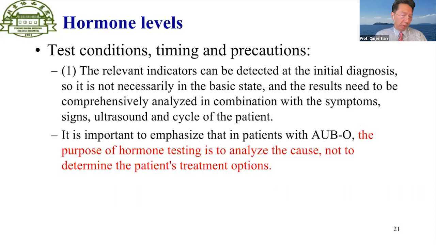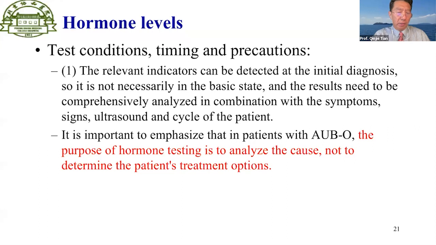The test parameters, timings, and precautions. The relevant parameters can be assessed during the initial diagnosis, and it is not mandatory to conduct the test in the fasting state. The result should be interpreted in conjunction with the patient's symptoms, signs, ultrasound findings, and menstrual cycle. Efforts should be made to minimize the influence of exogenous sex hormone medications on the test result.